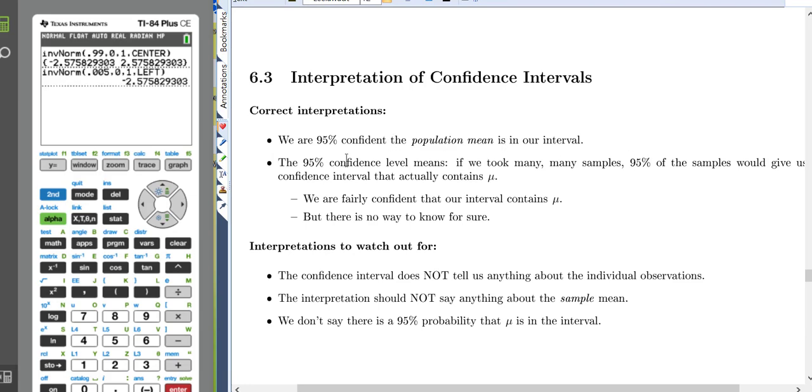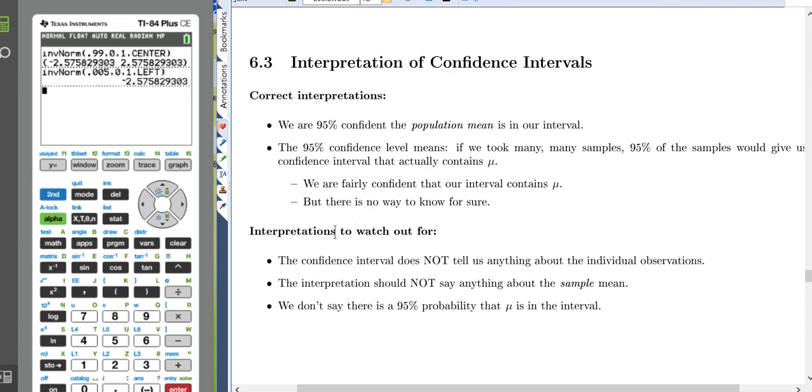And the actual 95% confidence level means if we took many, many samples, 95% of the samples would give us a confidence interval that actually contains mu, our population mean. So we're fairly confident that our interval contains our population mean mu, but there's no way to know for sure. This is what the 95% confidence level means. If you see any other interpretation, you know it's going to be wrong.